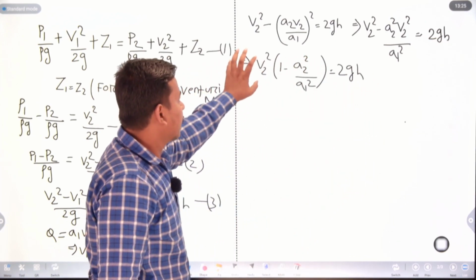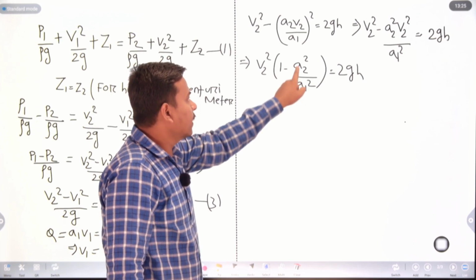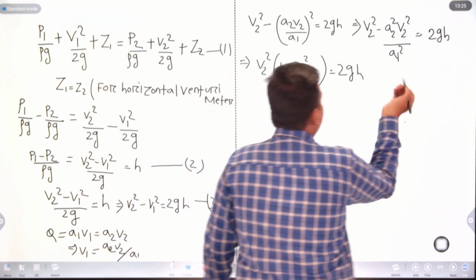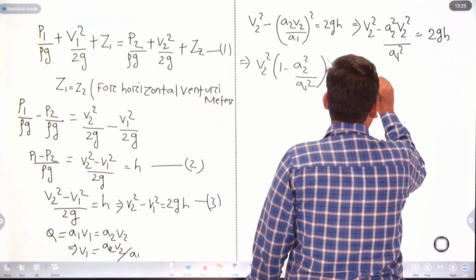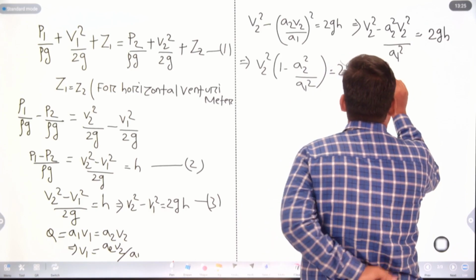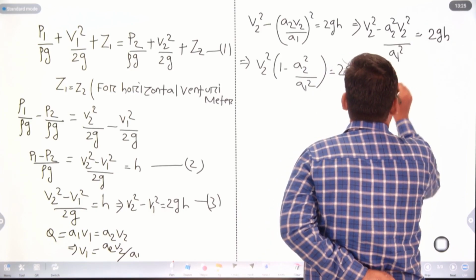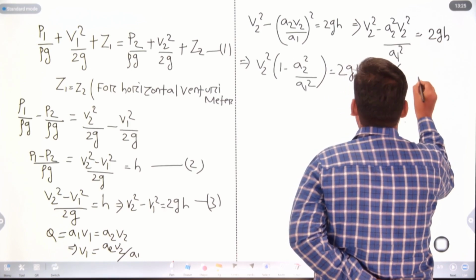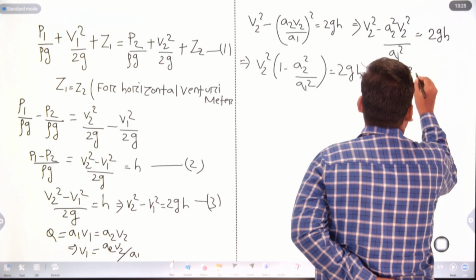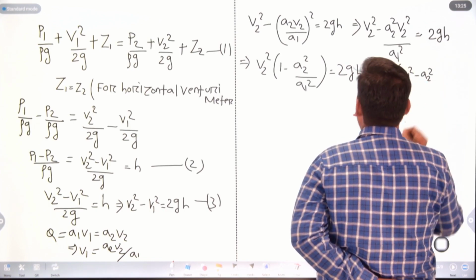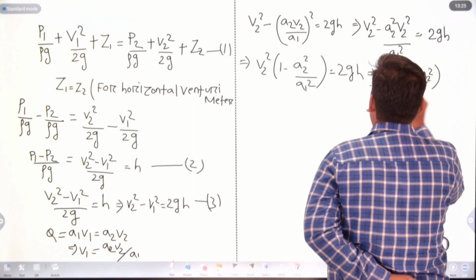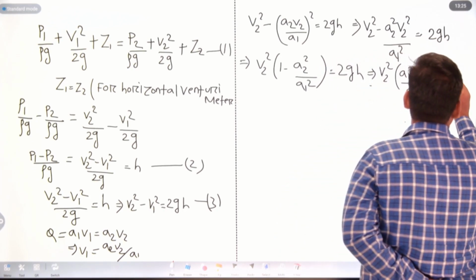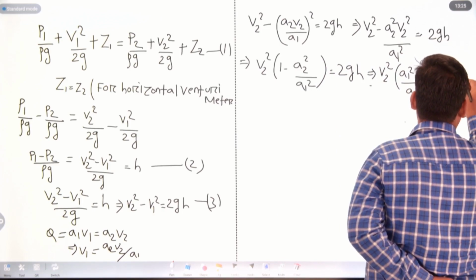Now taking LCM, V2 square into A1 square minus A2 square divided by A1 square is equal to 2gh.